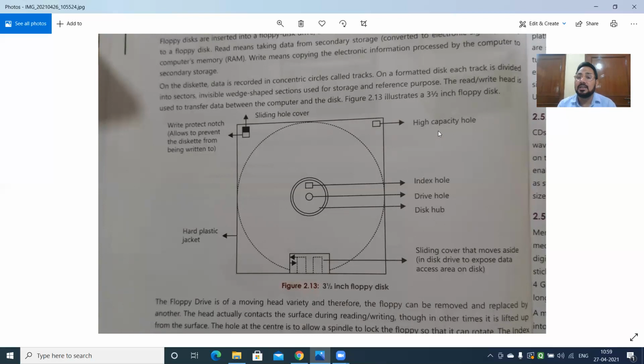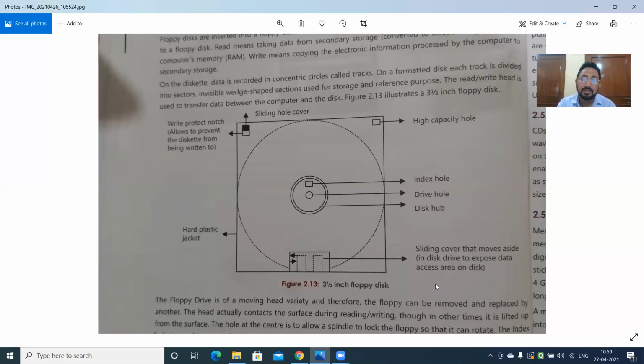Then the high capacity hole, then the index hole, then the drive hole, where it is fixed. Okay, and then the disk hub is there. Then the hard plastic coating. Inside this plastic coating we have the circular shape of the floppy disk. Sliding cover that moves aside in disk drives to expose data access on the disk.